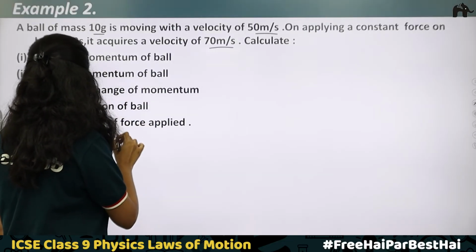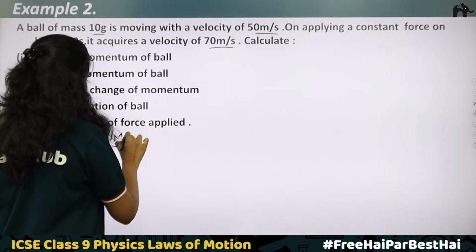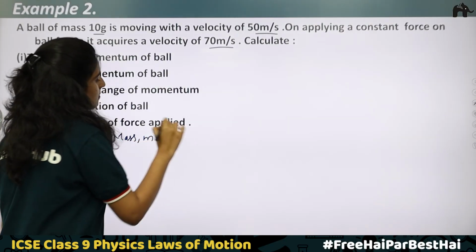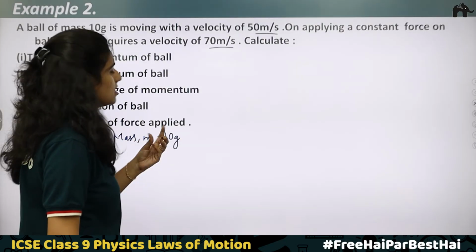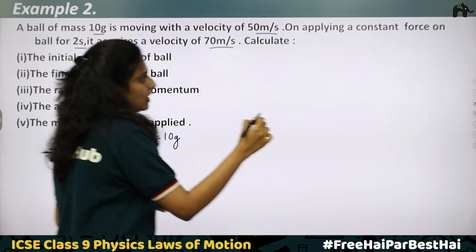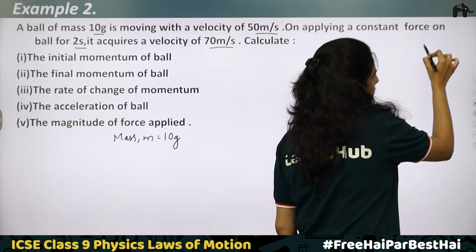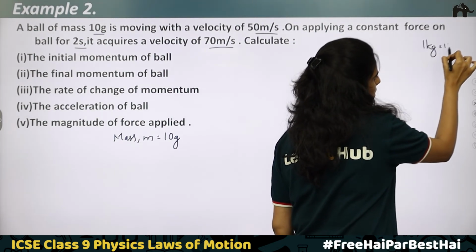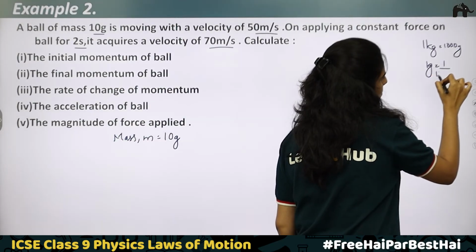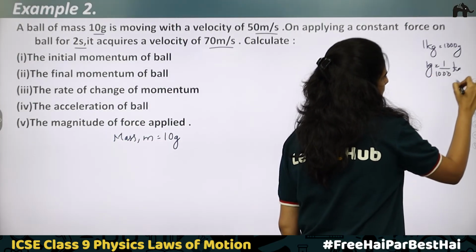In the question we are given the mass m is equal to 10 grams. So here we have to convert this 10 grams into kilograms, that is the SI unit. Okay, we know that 1 kilogram is equal to 1000 grams. Then 1 gram is equal to 1 by 1000 kilogram.